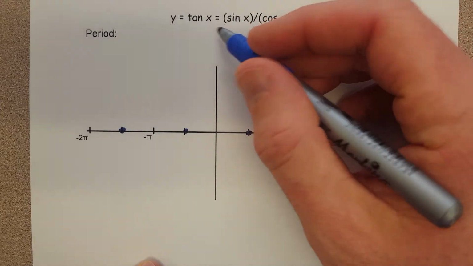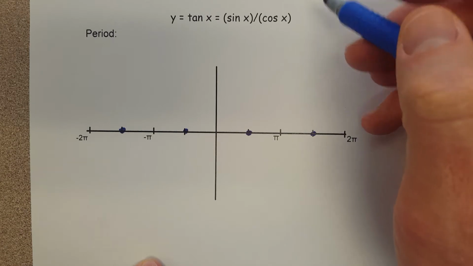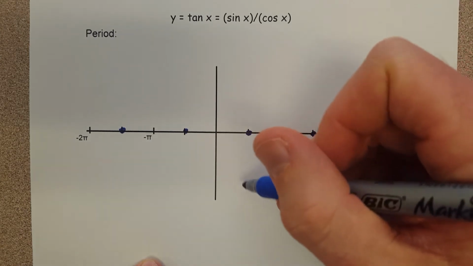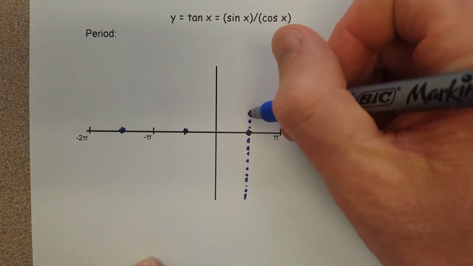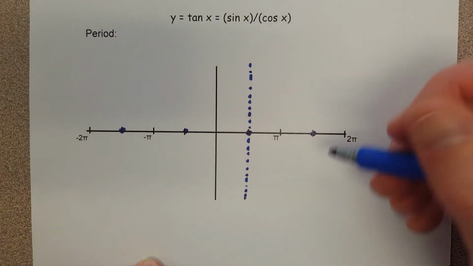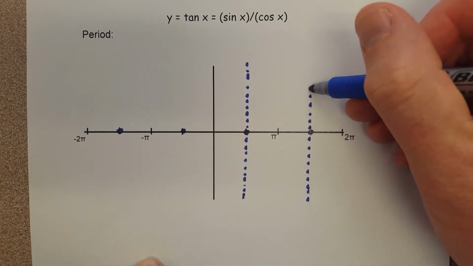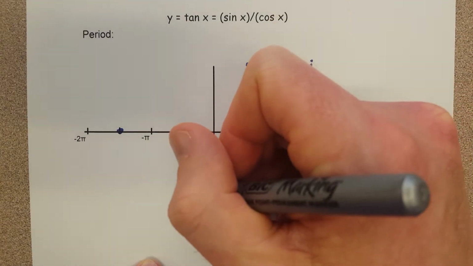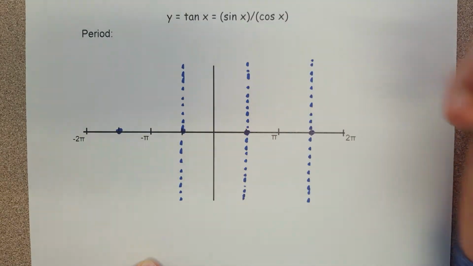Now, we talked in the last video about how tangent is undefined when cosine is equal to 0, and that's why I commented about those. I wanted you to know where cosine is equal to 0, and in each of those spots we're going to draw a vertical asymptote, because tangent will be undefined at those asymptotes.